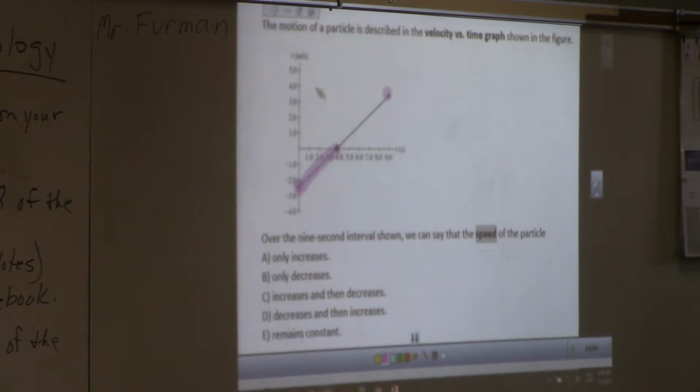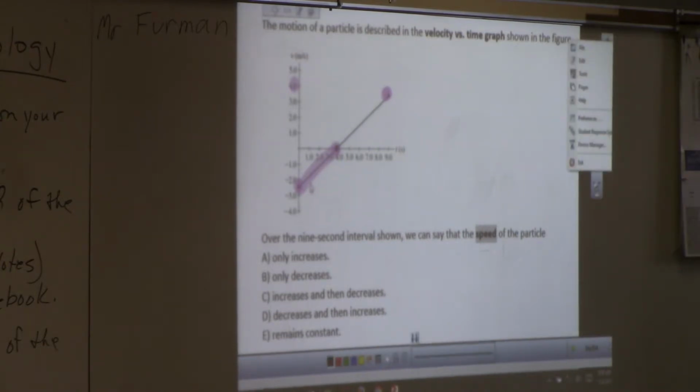What's its velocity here at 9 seconds? 4. So if you go from 0 meters per second to 4 meters per second, what do you do? Increasing. So you're speeding up. So down here, slowing down.